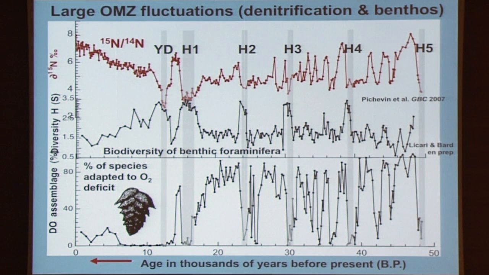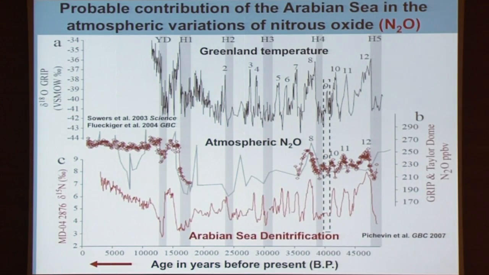We can also zoom in on the last deglaciation, which is the part of the record that is changing the most. I forgot to mention that it's also interesting to compare the delta N15 variability over the same time scale as what the glaciologists are measuring in the bubbles of the ice cores in Antarctica and Greenland.